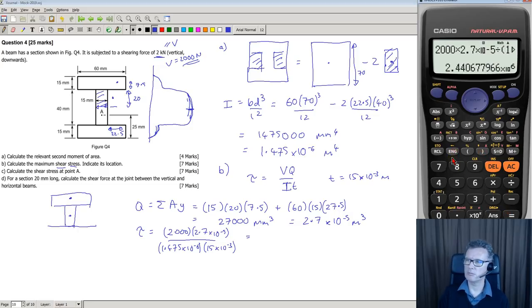Right, shear stress, so it's in pascals, so that's going to be 2.4407 megapascals. Okay, calculate the shear at point A.